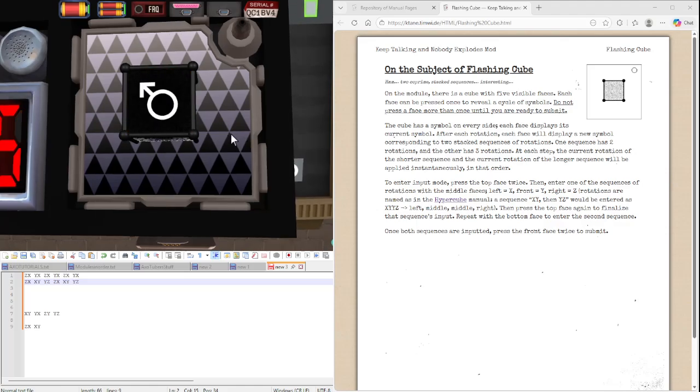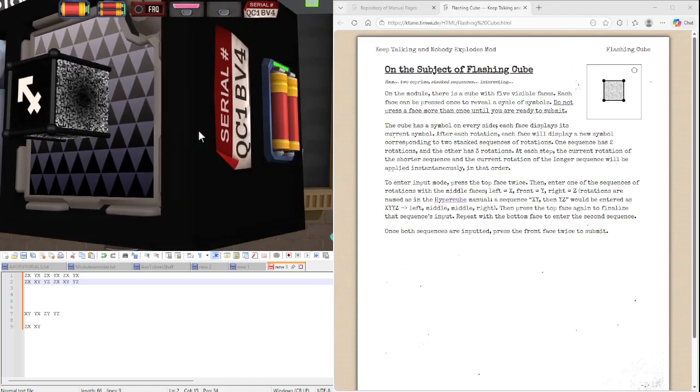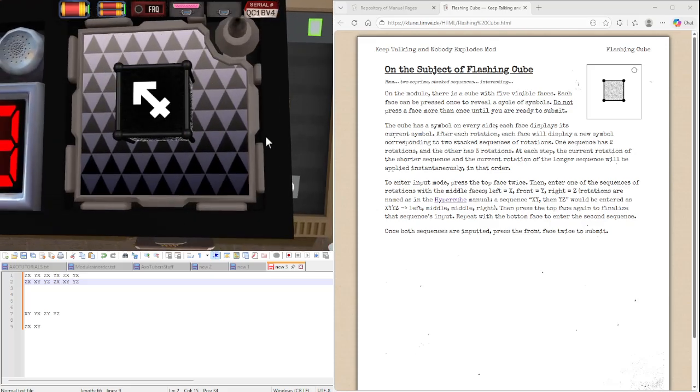Then the last one would be the... can't remember which one it's with. I think that's the male symbol. The male symbol should be YX, which would be Y to X, move to this face, and Y to Z. So pointing in the top right to top left direction.